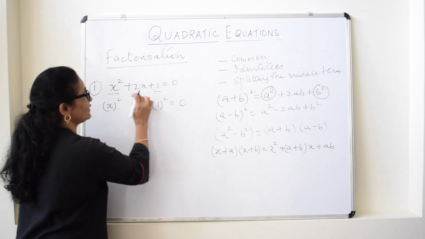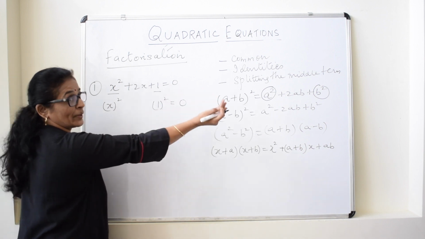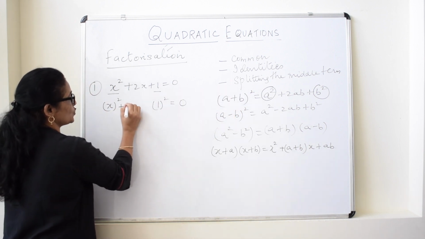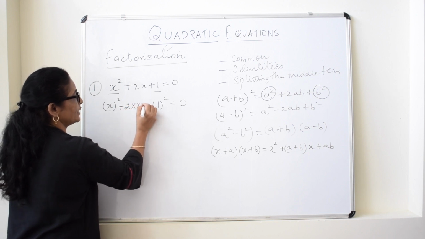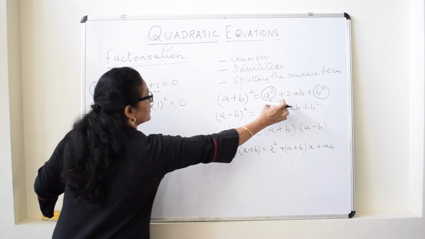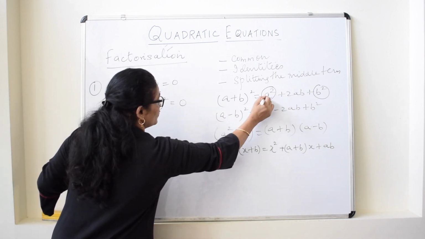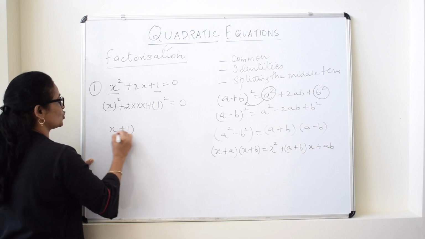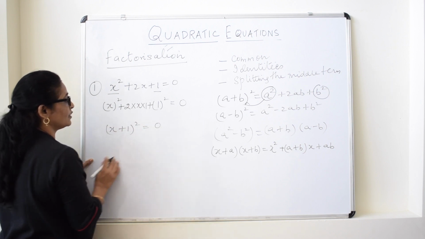So we will rewrite this equation in the form of the expansion of a plus b the whole square. Here it is 2 into x into 1 plus this. If we compare, this is the expansion and you have to go back to this. So this is nothing but the square of x plus 1.